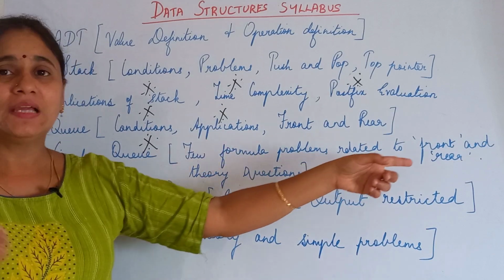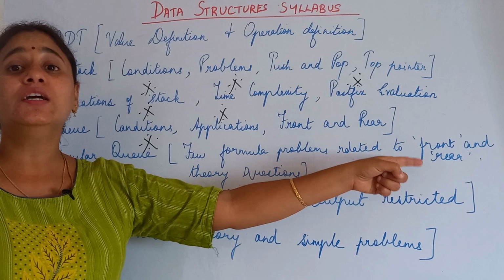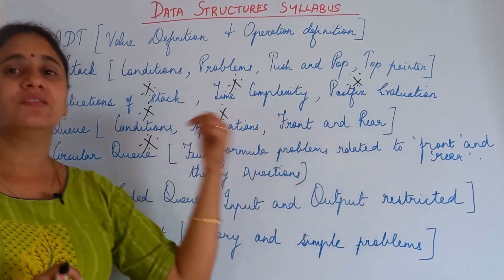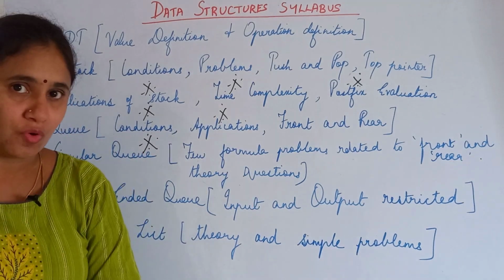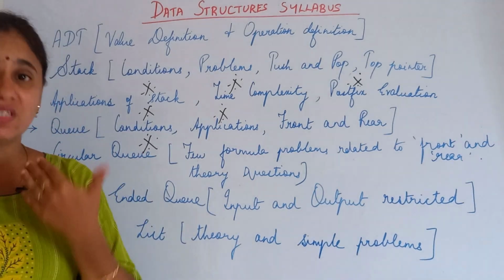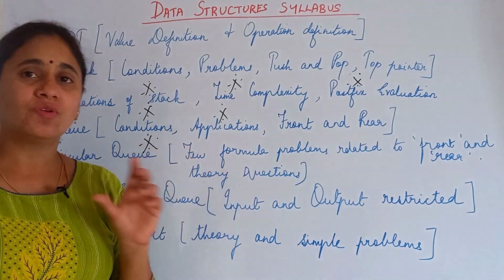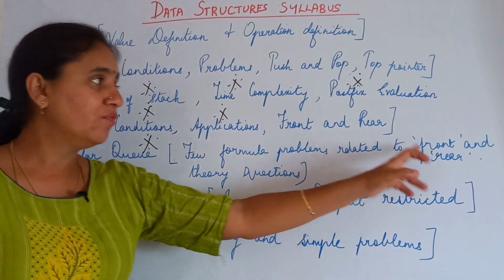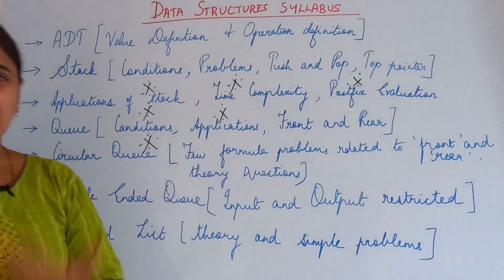So how we are going to calculate the front position, how we are going to calculate the rear position, about that we are going to study. Under circular queue, we are going to study a few important points related to questions and a few formula problems. The formula problems will also be very easy, so that I will give you. Related to front and rear position we are going to discuss, and some conditions.